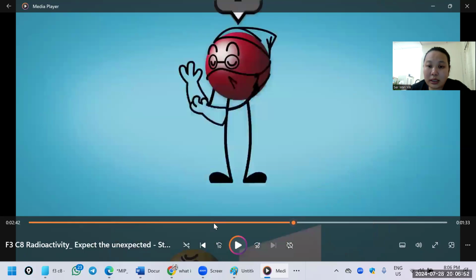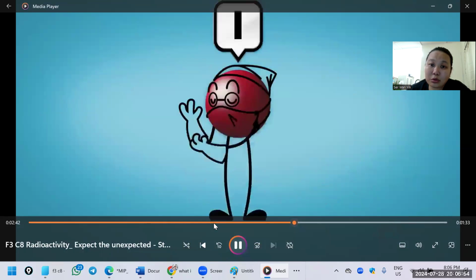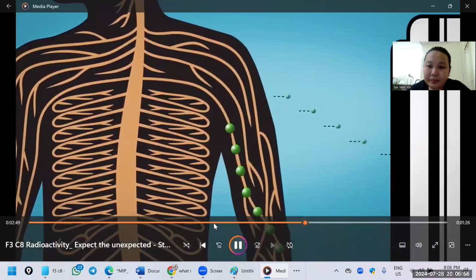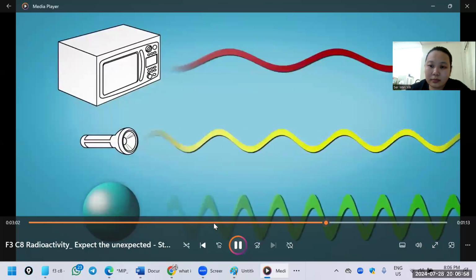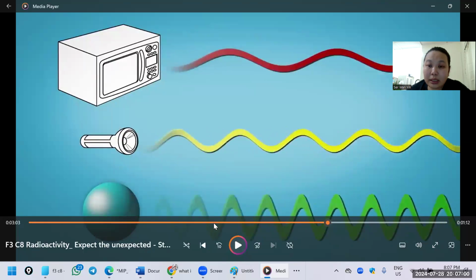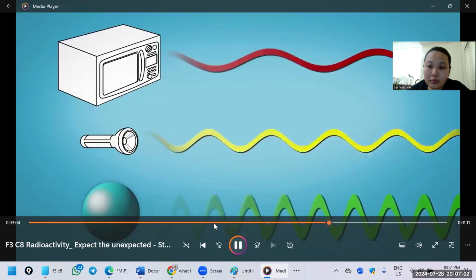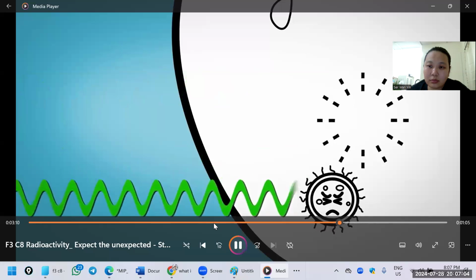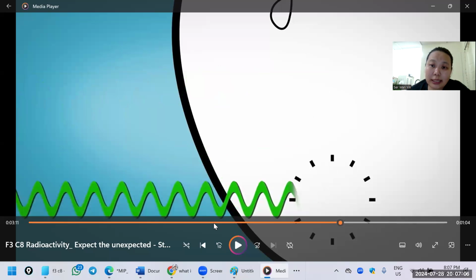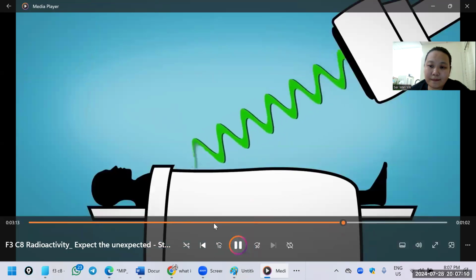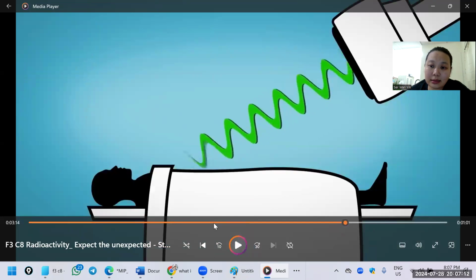Alpha is stopped by paper, but beta can pass through paper. Gamma is a wave, so gamma can also kill bacteria or kill cancer cells.